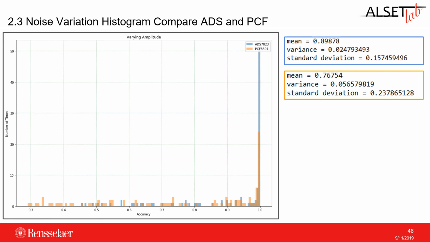The mean for ADS is still higher than PCF, and the variance and standard deviation for ADS are still lower than the PCF. So that means the noise will affect the PCF8591 more than the ADS7823. So ADS is still more reliable than the PCF.